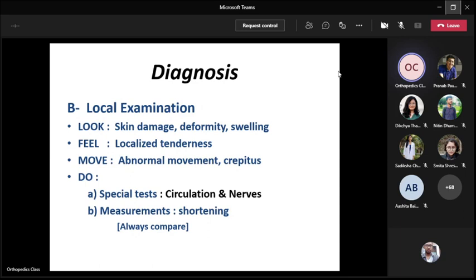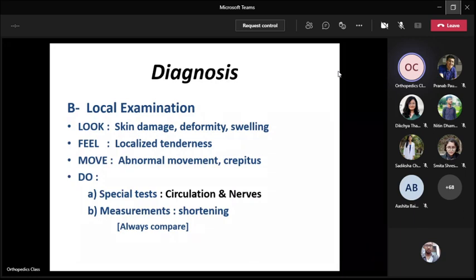Next comes the feel. In trauma conditions, it's only the tenderness which we can feel, but in cold conditions, there are certain other things. In feel, you can assess the shape and size of the bones. So all this has to be taken care of. In feel, we have soft tissue feeling. Now you are allowed to touch the patient.